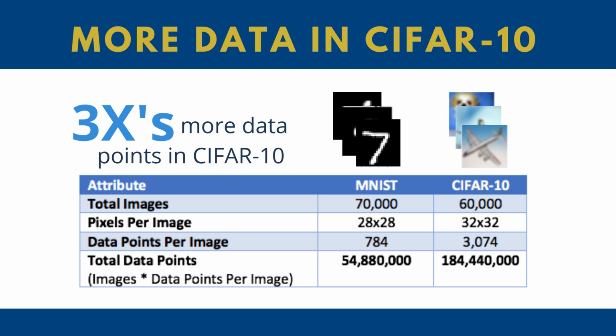Then you have to multiply that by 3, because they have an additional dimension of having color. Then you're talking about 184 million data points. And that's a lot of numbers to crunch. That's a lot of data. And it's not always easily handled, as we will see in just a minute.